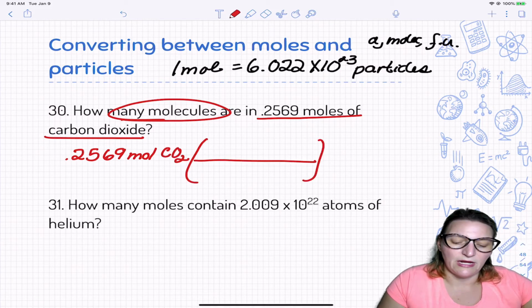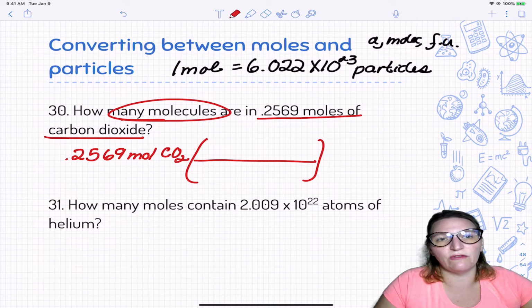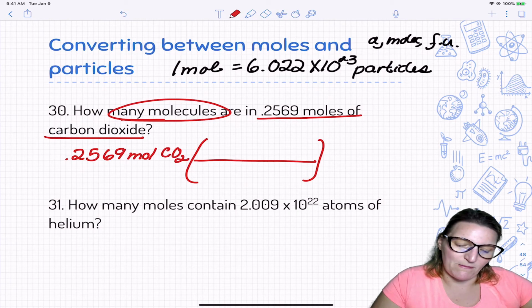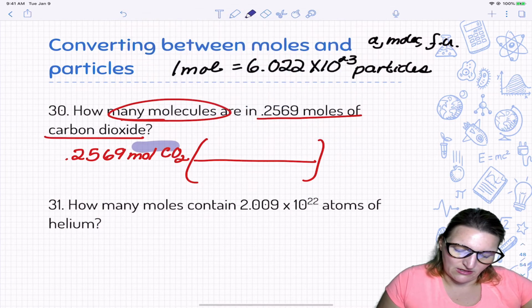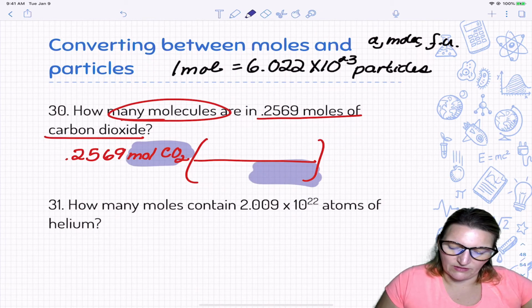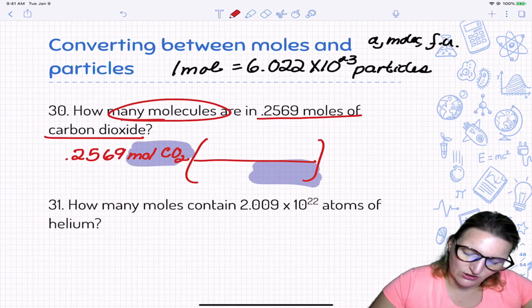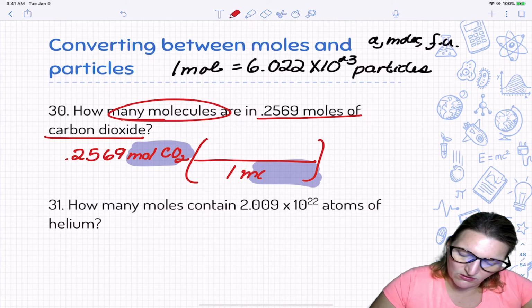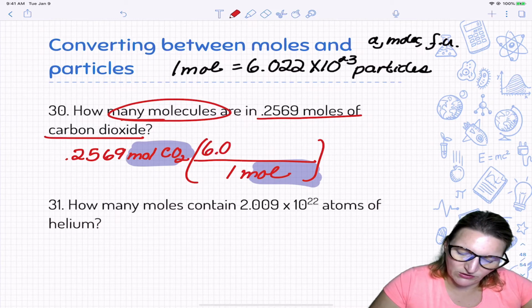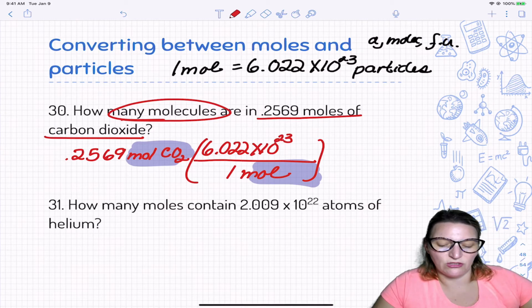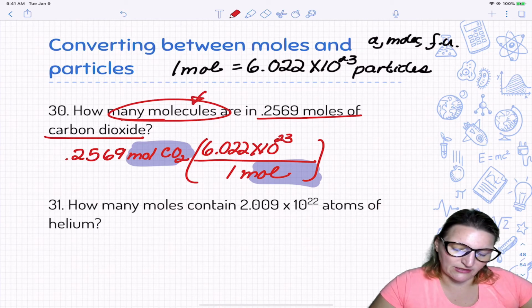Make a parenthesis. Take one side of my conversion factor and put it on the top or bottom, making sure that always these units out front and down bottom match. So I'm going to put 1 mole on the bottom and 6.022 times 10 to the 23rd. Which particle should I use? Well, the question is asking for molecules.